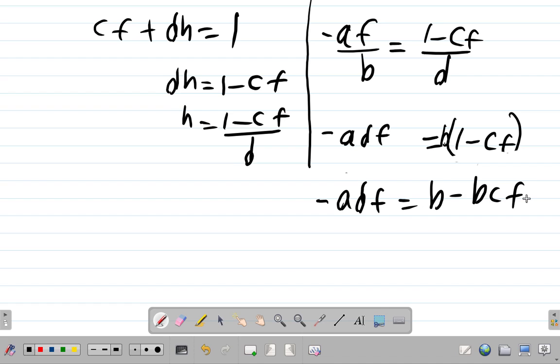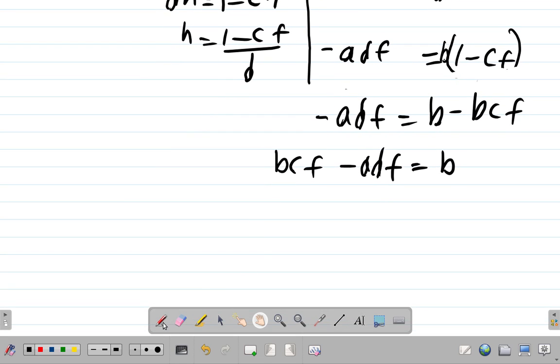Now, if we add BCF to both sides, we would have positive BCF minus ADF equals B. Now, we have F outside a bracket, and we have BC minus AD inside the bracket equals B.